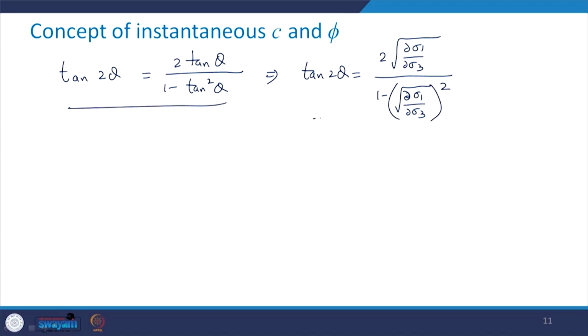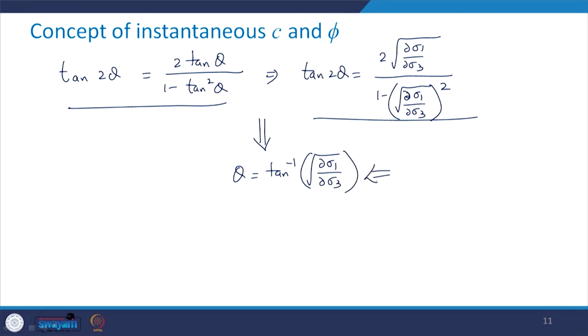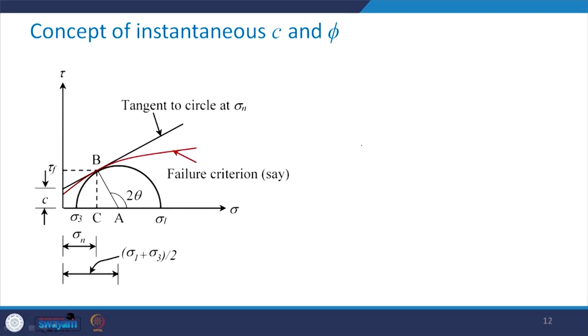Compare this and this, what you are going to get is theta will be equal to tan inverse square root of del sigma 1 / del sigma 3. So this is how we are going to obtain the expression for theta in terms of this derivative, which is del sigma 1 / del sigma 3.